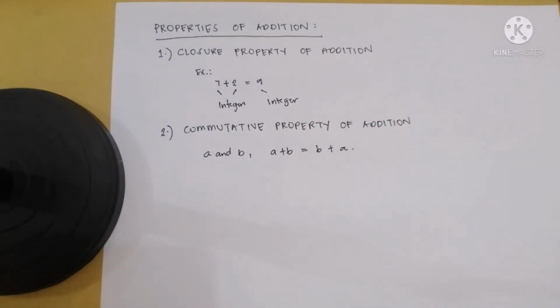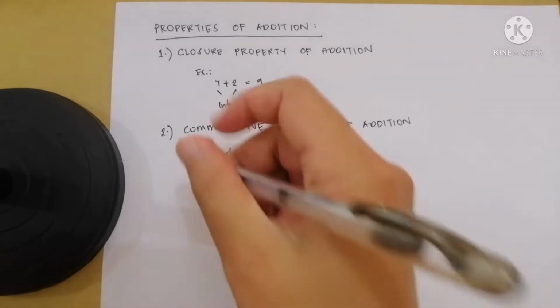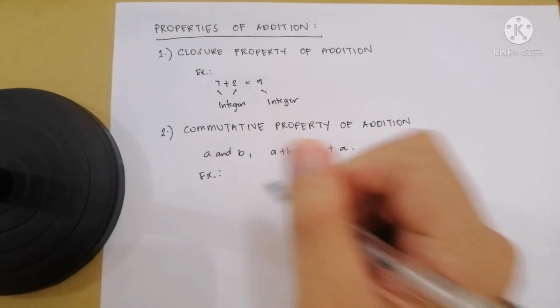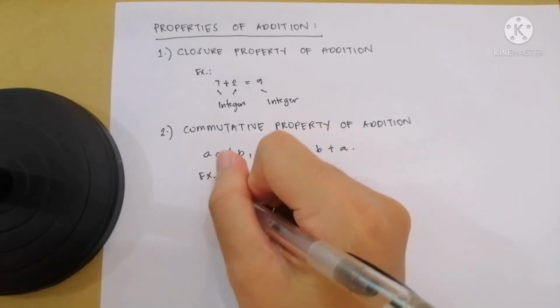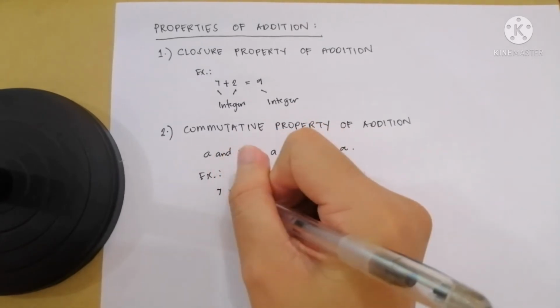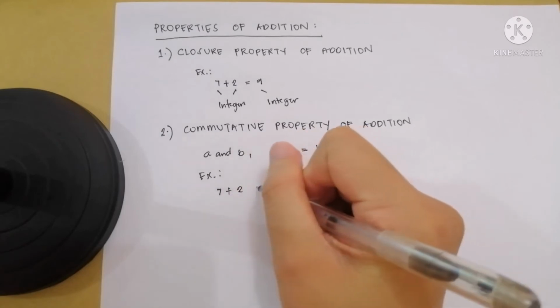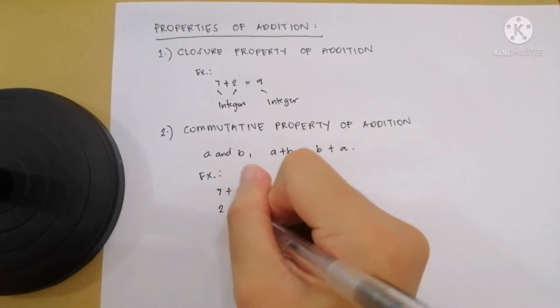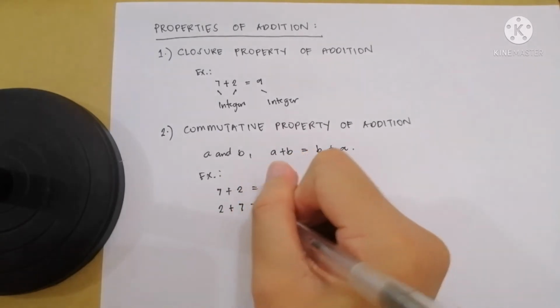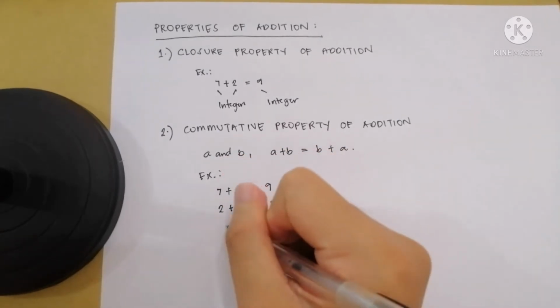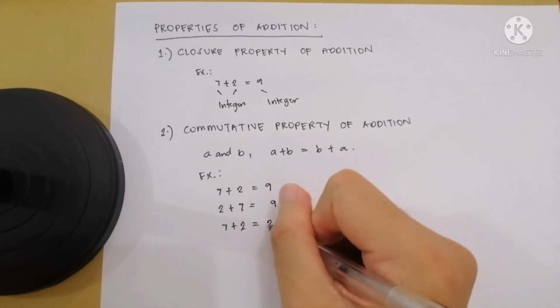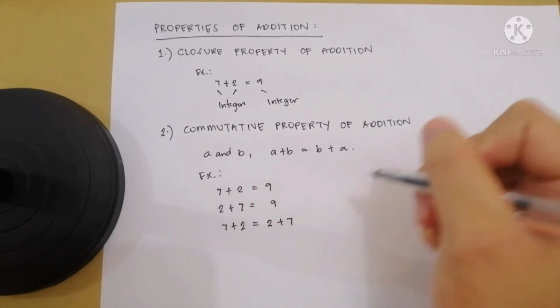So again, the order of the addends does not affect the sum. Example, for addition, we have here 7 plus 2, which is of course 9, and 2 plus 7 is equal to 9. Therefore, 7 plus 2 is the same as 2 plus 7.